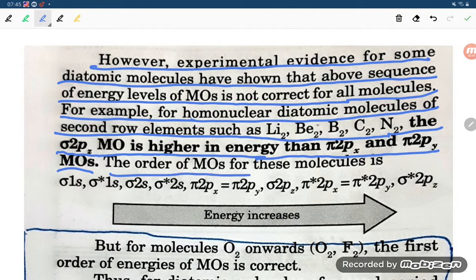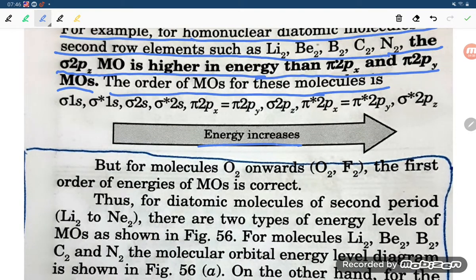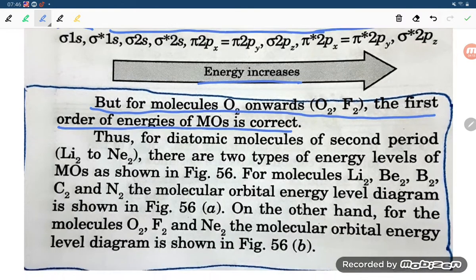So the order of molecular orbitals for these molecules is: sigma 1s, sigma star 1s, sigma 2s, sigma star 2s, pi 2px equal to pi 2py, sigma 2pz, pi star 2px equal to pi star 2py, sigma star 2pz. This is the increasing order. But for the molecule O2 onward, O2, F2, the first order of energy is correct.